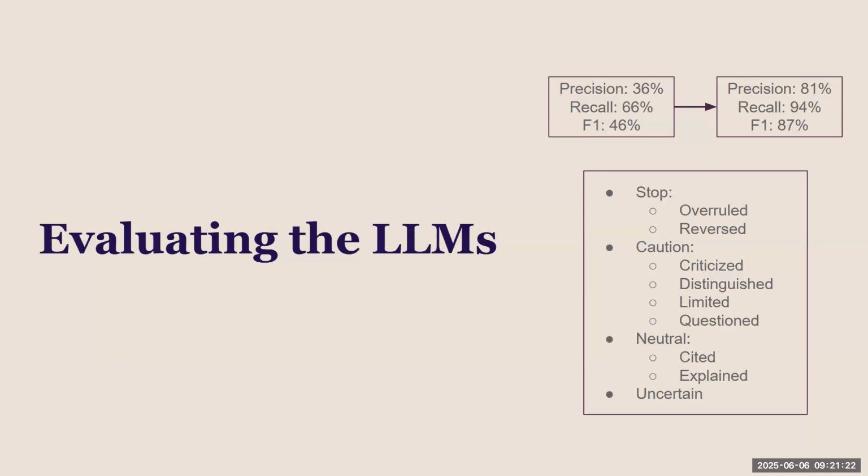We started with just the binary classification of overruled, not overruled, and used prompt engineering to ask the model to provide not only the predictions, but also the actual quotation from the original opinion itself, as well as the rationale as to why the model made a particular decision.